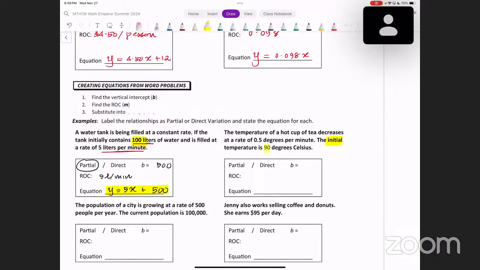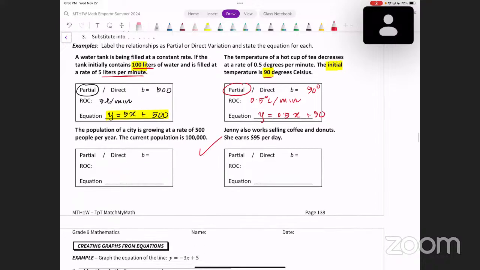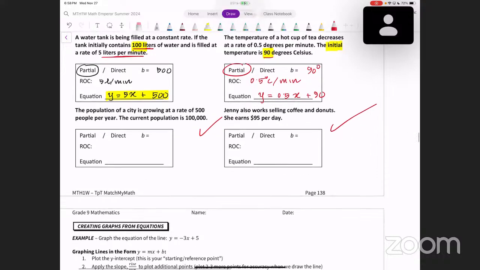At initial, they say it's 90. When an initial value is not 0, then it's always going to be partial. And what's my initial value? Rate of change, 0.5 degree per minute, isn't it? So what is the equation going to look like? 0.5x plus. Okay, do you guys want to do these two? I'll be back. Can you guys do the next two questions?